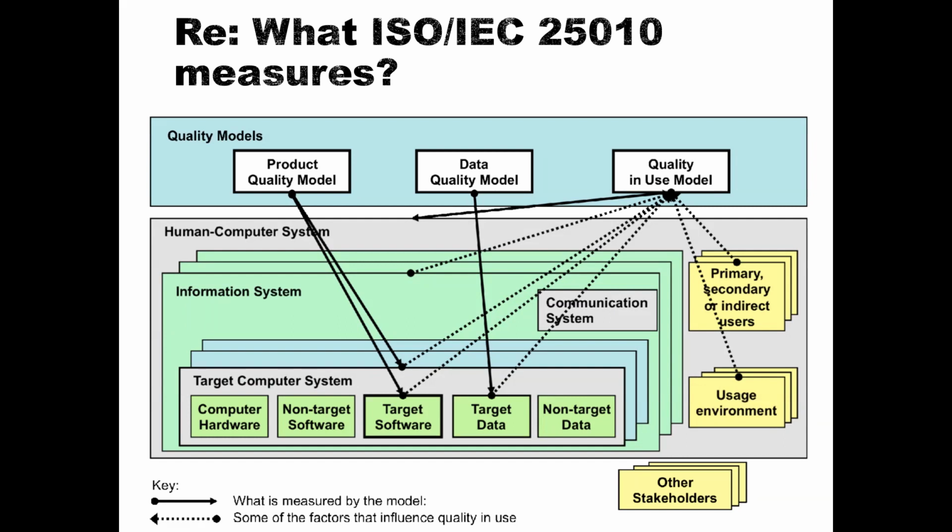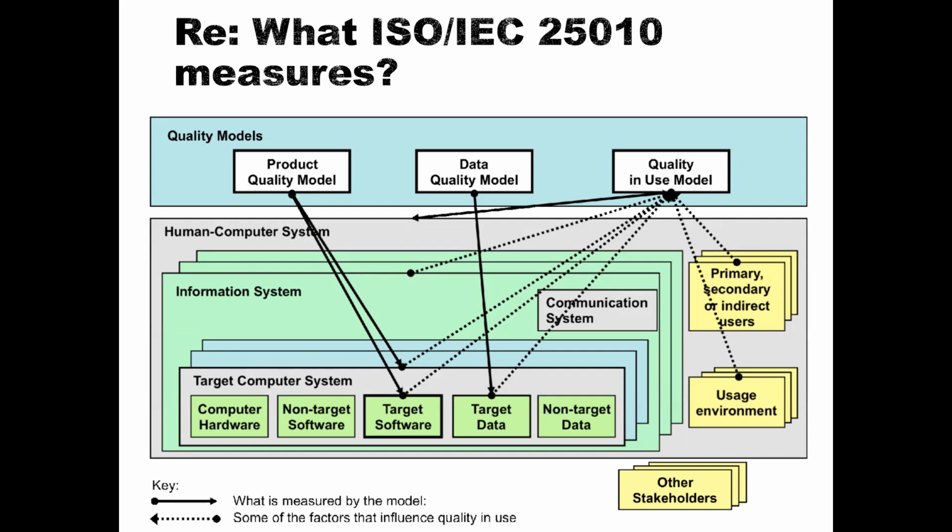For example, the black arrows which are not dotted are things that are directly measured by these models. The product quality model is directly measuring the target software within the target computer system. Similarly, we have a data quality model, which measures the target data, how the data has been collected, how it is being analyzed, and so on.